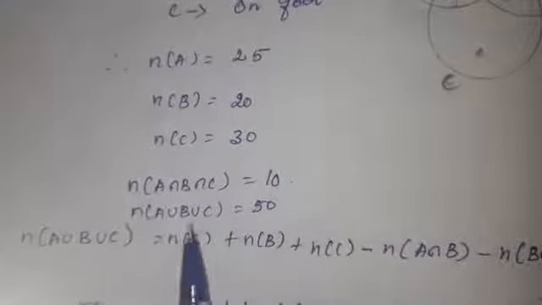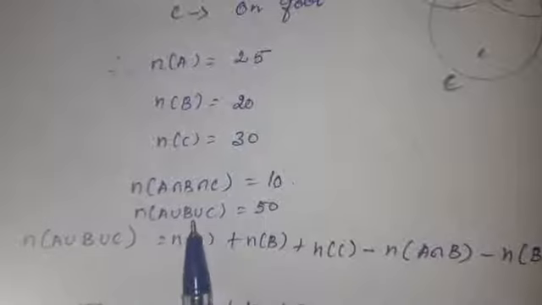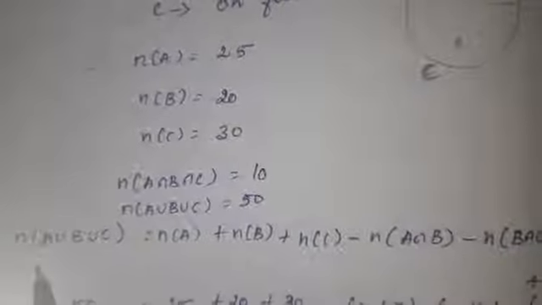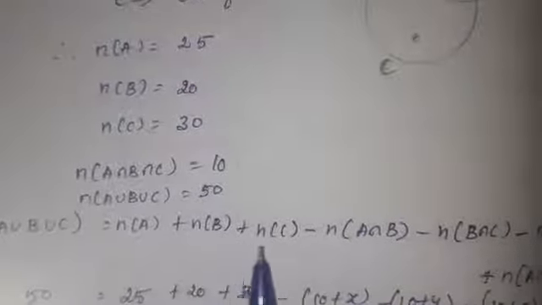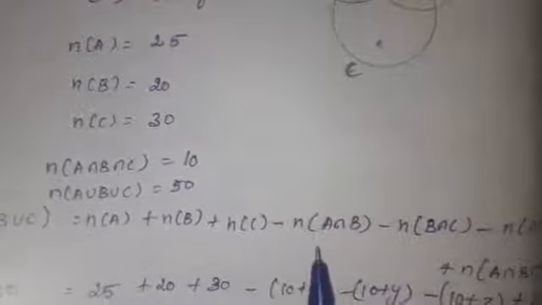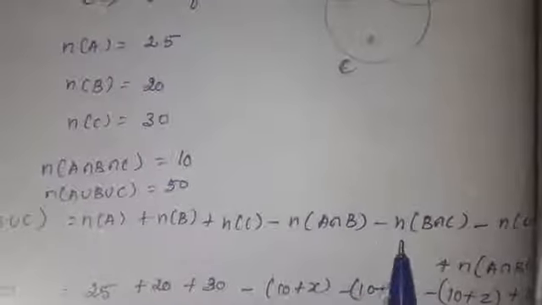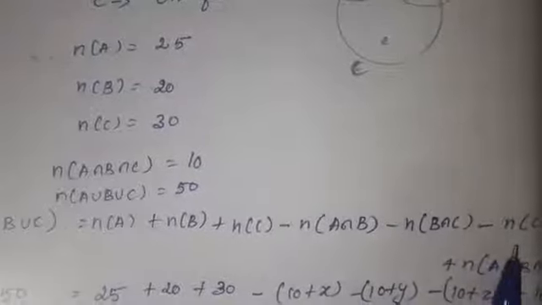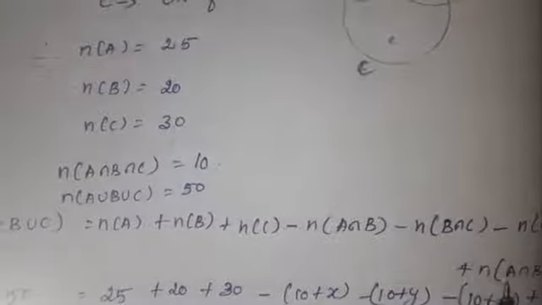It is 50. So N of A union B union C is equal to 50. Here I am using the formula. N of A union B union C is equal to N of A plus N of B plus N of C minus N of A intersection B minus N of B intersection C minus N of C intersection A plus N of A intersection B intersection C.